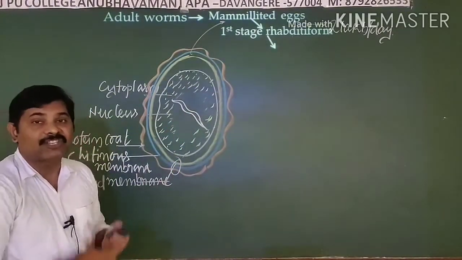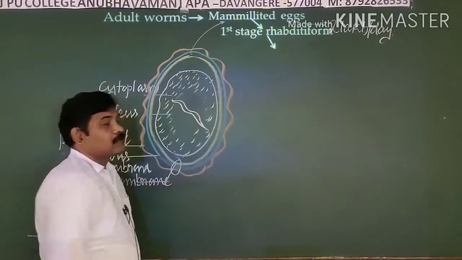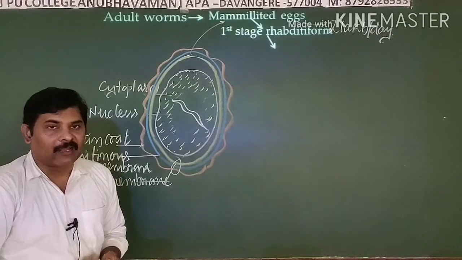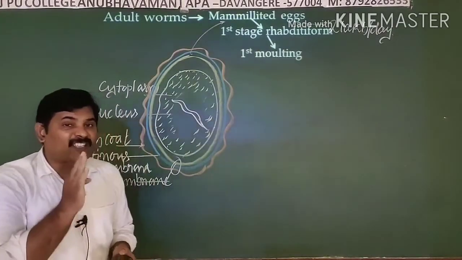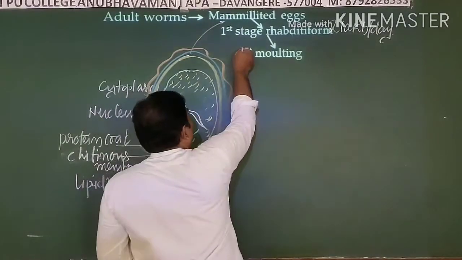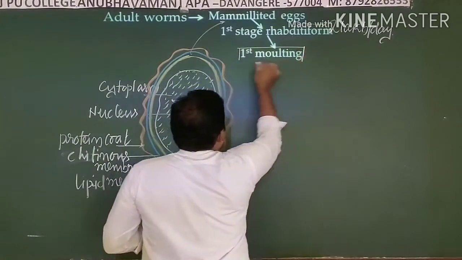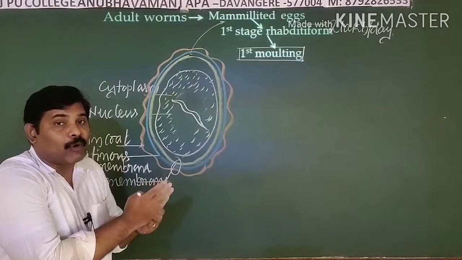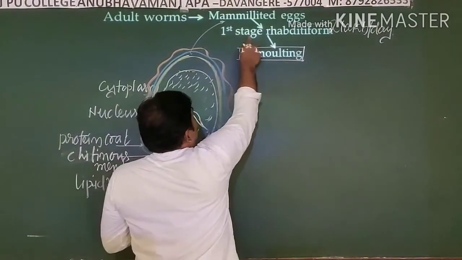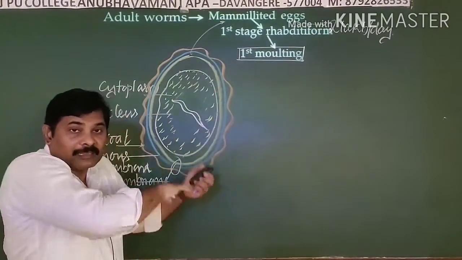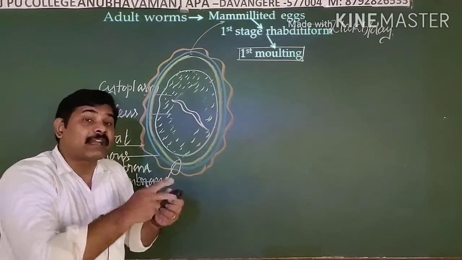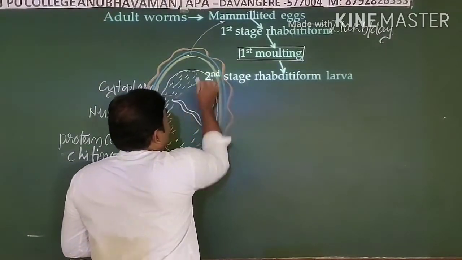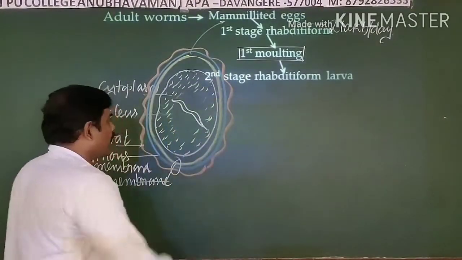An important change takes place in this first stage rhabditiform larva while it is in the soil, and that change is the first molting. Resulting from the first molting, it turns into the second stage rhabditiform larva, as you can see here.